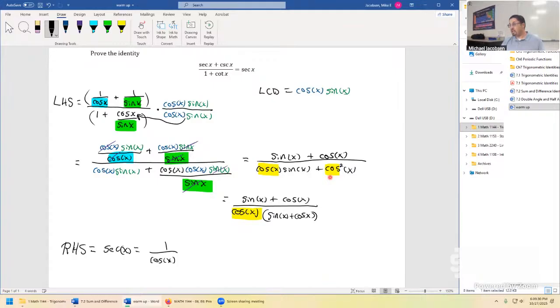And that's exactly what we'd like to see, because now sine x plus cosine x is a cancellation with that entire group in the denominator, leaving a 1. We have the 1 we're trying to link up with on the right-hand side, cosine x in the denominator. So this stage, you could take another step, but if you took that other step, you're right where you need to be. This is exactly the right-hand side.